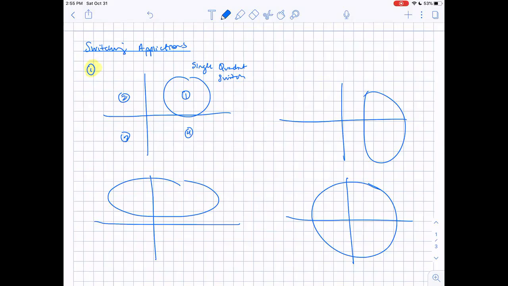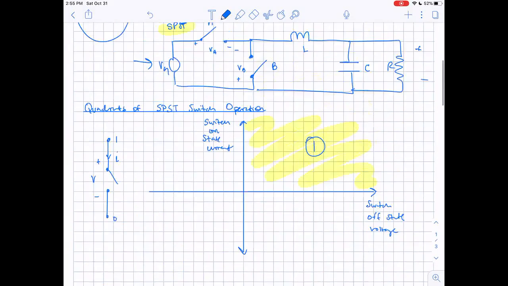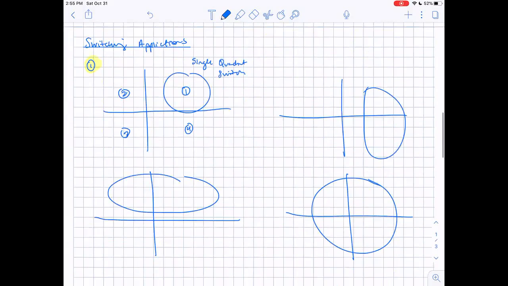And then we also have the current bidirectional 2 quadrant, where you have 2 possibilities depending on the blocking voltage. So remember that if we look up here, our variable on the x-axis is the switch off state voltage, right? So you have the current and your voltage there. So in this case, the switch must conduct both positive and negative currents.